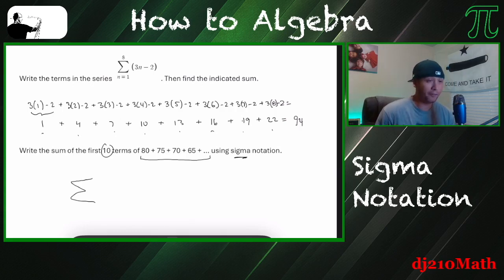So it's decreasing by 5. So maybe if we did 80, starting with the first one, and we're subtracting 5 times n. Let's test it out.